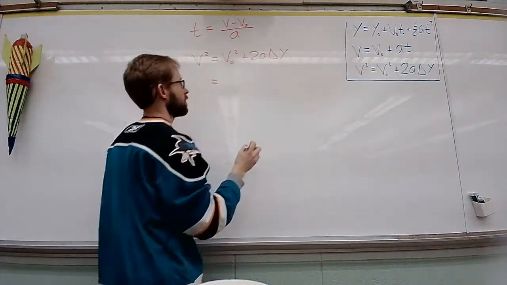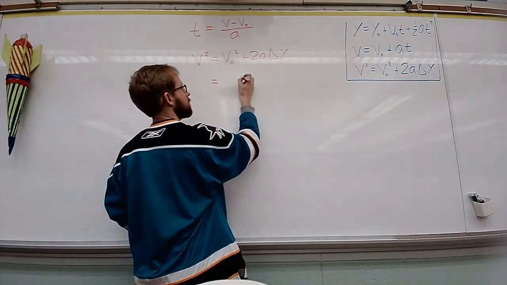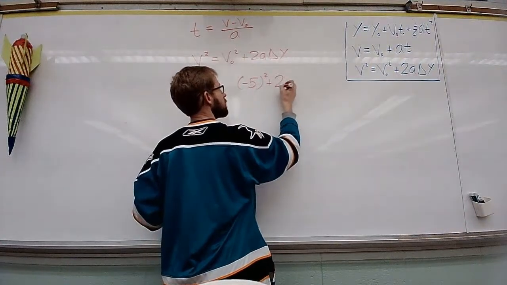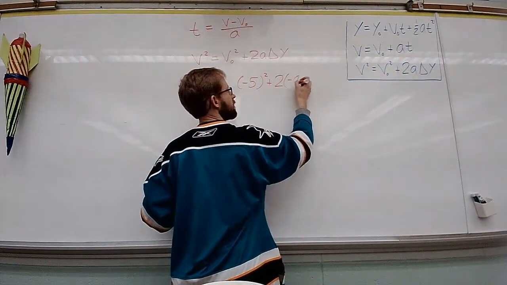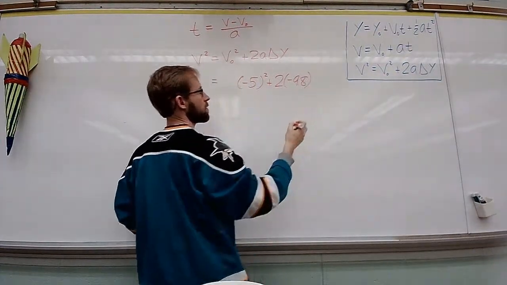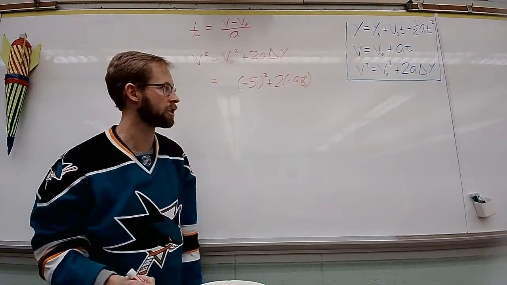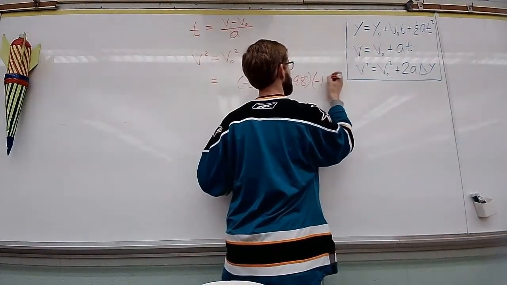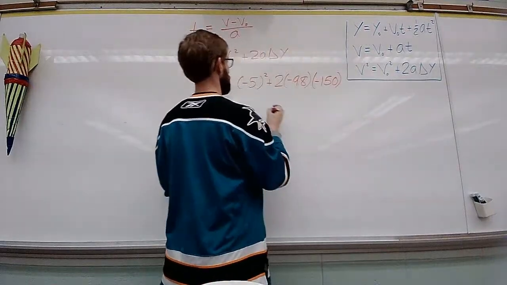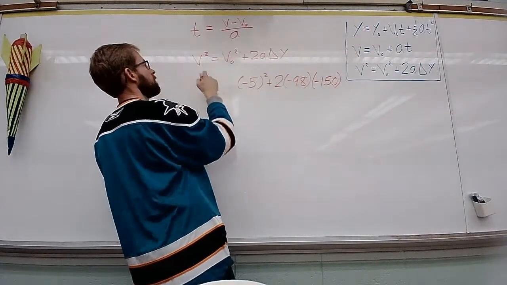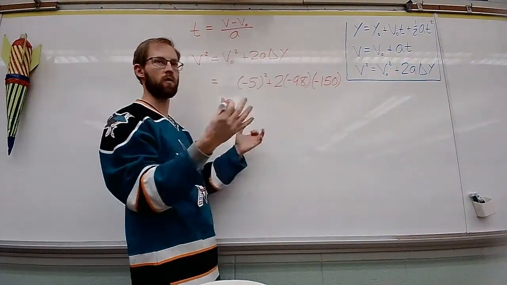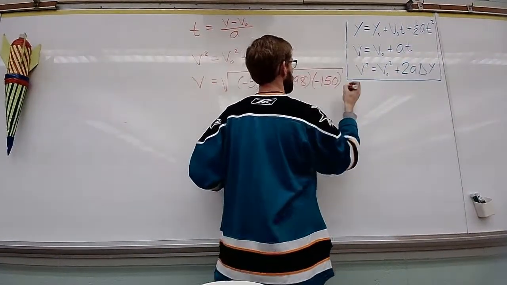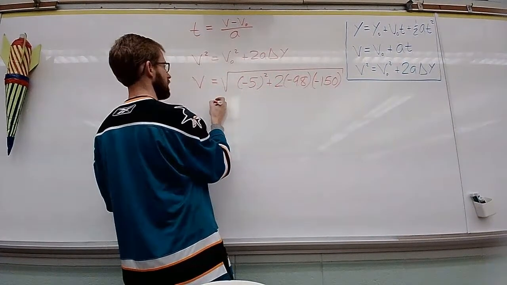So my original velocity again is negative 5. Acceleration, negative 9.8. It's always going to be that as long as we're on Earth. What is our change in height? Negative 150. So, if I want to get this v so it's not squared, I got to square root both sides. So I'd have this.